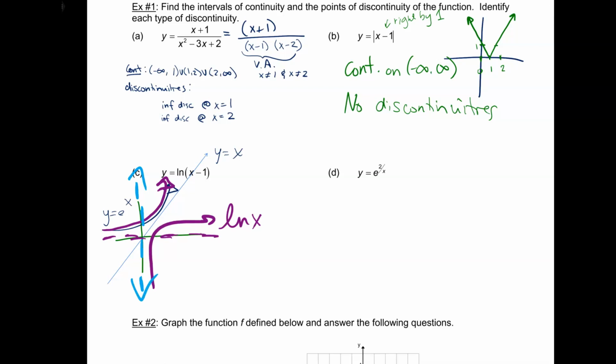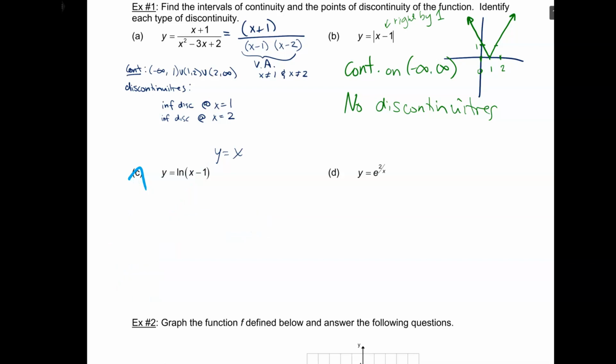This looks really messy. I'm going to erase this, and then I'm going to redraw it, just so we don't get confused, because I had e to the x on there. All right, so we know roughly ln looks something like that. But the whole minus 1, that means I'm shifted to the right by 1. So where I used to have a vertical asymptote at x equals 0, now I have a vertical asymptote at x equals 1.